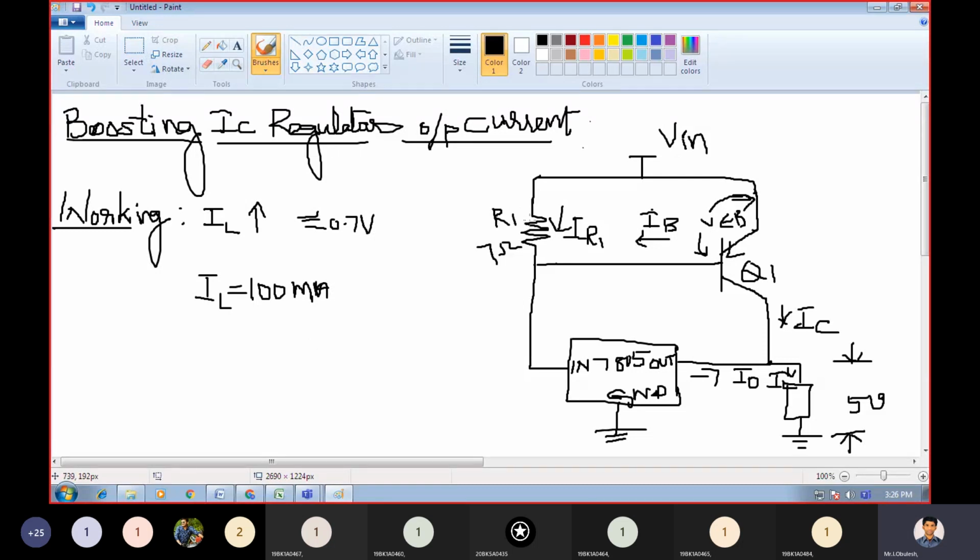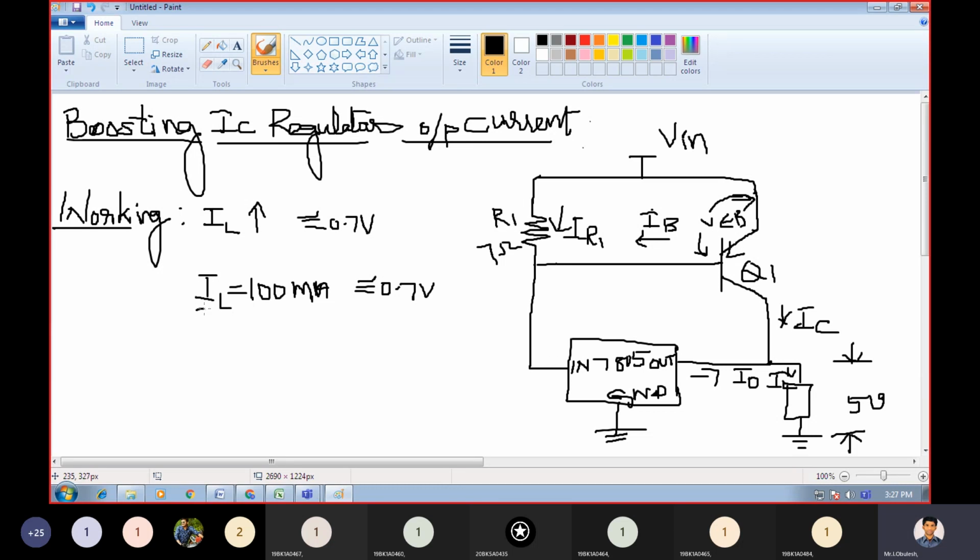The voltage drop across the resistor R1 is equal to 7 ohms into 100 milliamps, which is almost equal to 0.7 volts only, right? Thus, if the IL value increases more than 100 milliamps, Q1 turns on and supplies the extra current required.